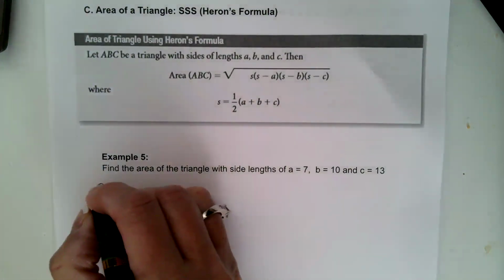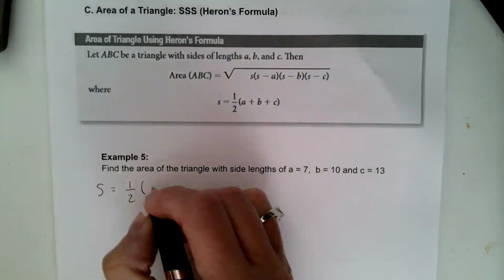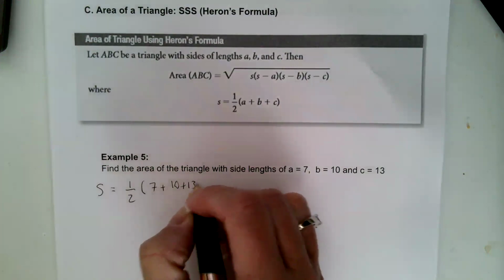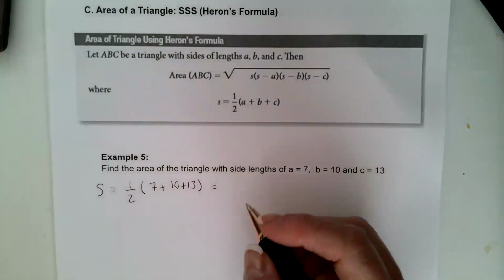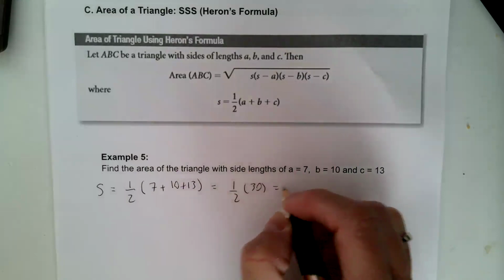So we have to find s first. So that would be 1/2 of 7 plus 10 plus 13. And so that's 1/2 of 30 or 15.